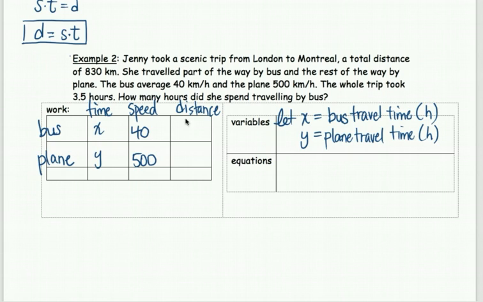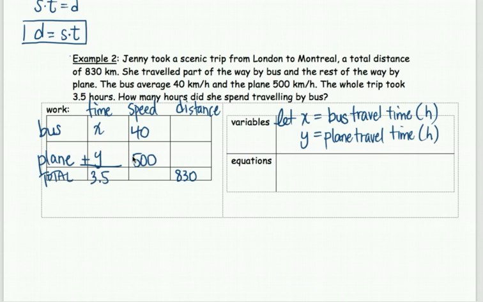And we know that the total distance traveled, so you can even say total, this whole row here is total. So the total distance was 830 kilometers, and the total time for the whole trip was 3.5 hours.